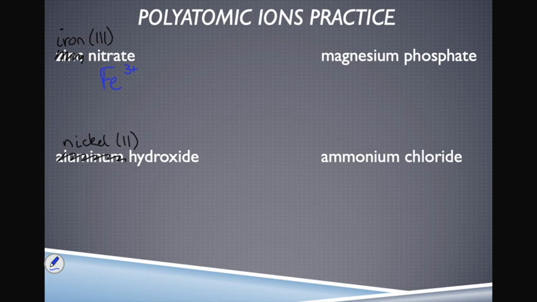And then we've got this thing called nitrate. Well, that's not on the periodic table. So make sure you know there's a difference between nitrate, nitrite, and nitride. Those are 3 different things.